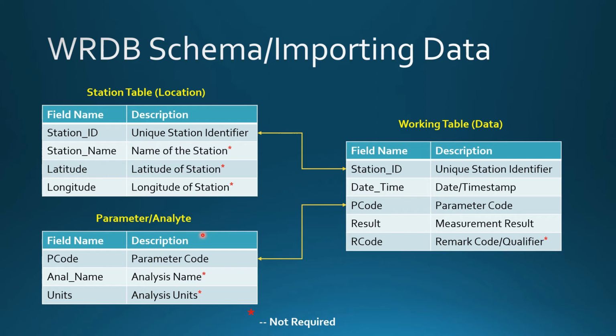A parameter code, which relates back to the parameter code table, and then a result, which is basically a numeric of whatever was measured or simulated. And then if you want remark codes or qualifiers for anything that's coming out of the laboratory, you can also add a remark code. It takes at least this amount of information to define a data point in WRDB.